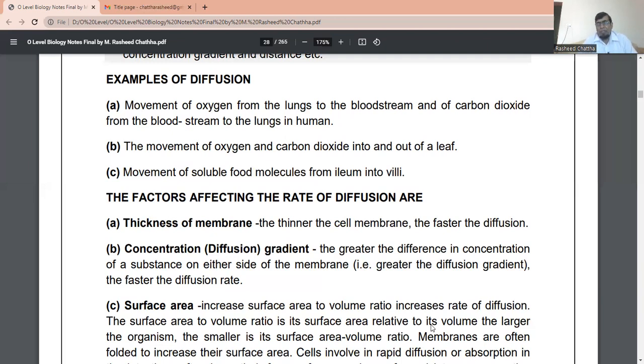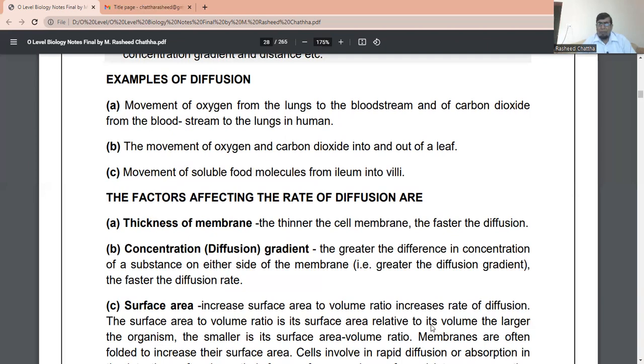Next, concentration gradient. You may also call it diffusion gradient. The greater the difference in the concentration of substances on either side of the membrane, that is, the greater the diffusion gradient, the faster the diffusion rate.